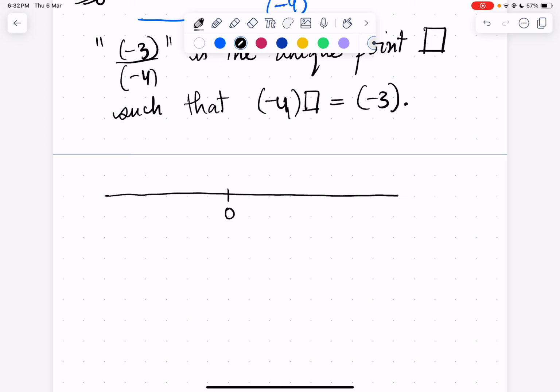Let's mark 1, 2 and 3. Its length should be such that if you take that length 4 times, you get length 3. So we break it into 4 equal parts: 1, 2, 3 and 4. Then this point is the box.